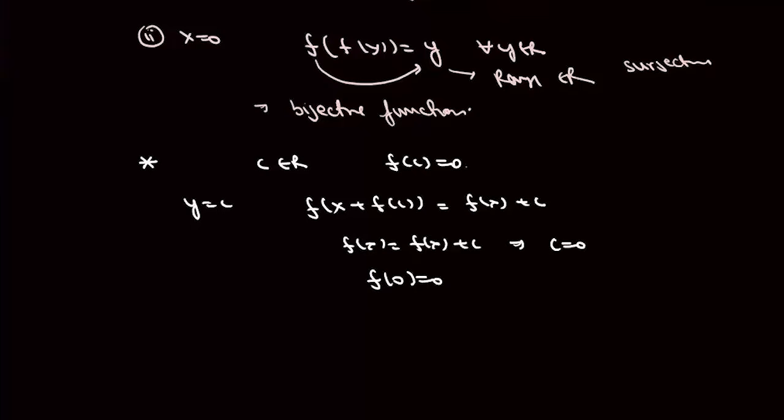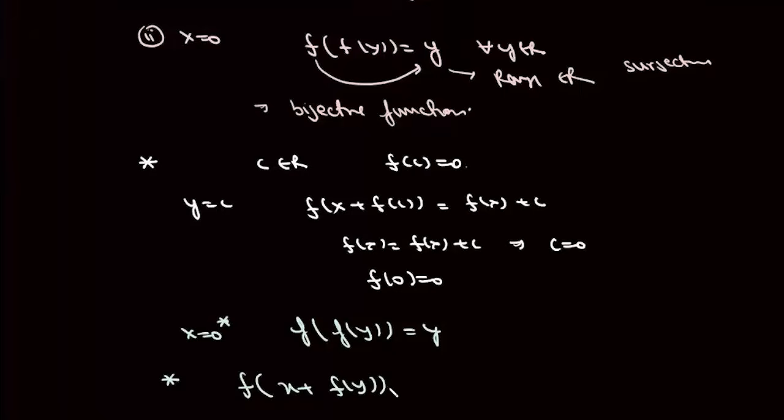Now in the given equation, if we put x as 0, we'll get this condition that f(f(y)) will be equal to y. Now we can write f(f(y)) equals f(x) + y, and we'll let f(y) be some variable t.